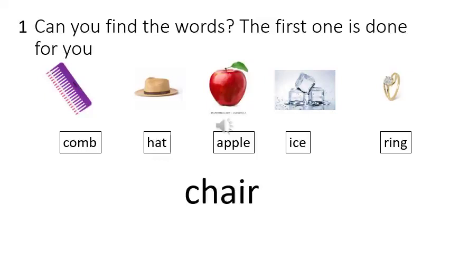Now, first picture is what? You have to identify the picture. It is a comb. Right, it is a comb. So, you have to write comb underneath the picture comb.